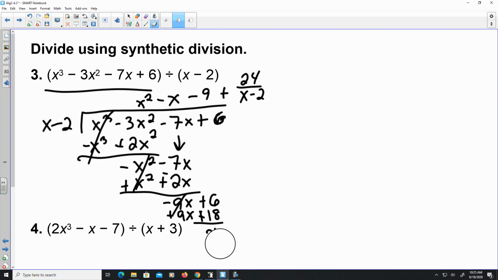Man, I'll tell you what this is. So actually what it should be is this should be positive 18. This is minus, so this turns into negative 6. So this answer here is negative 6 over x minus 2.